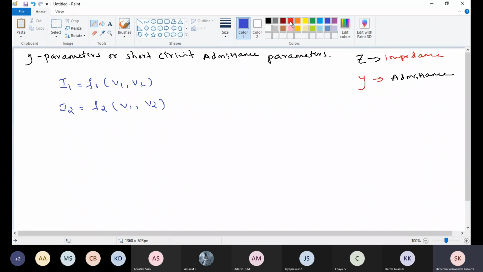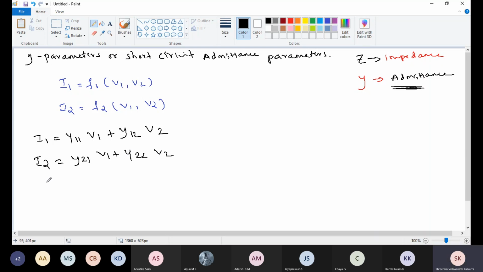Now, the functions f1 and f2 are nothing but the admittances. I1 equals y11 V1 plus y12 V2. I2 equals y21 V1 plus y22 V2.